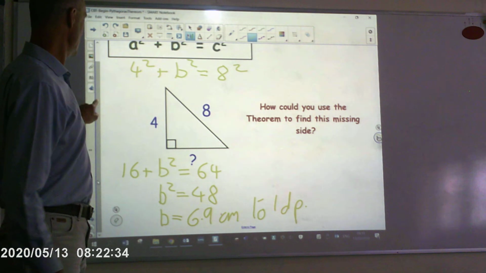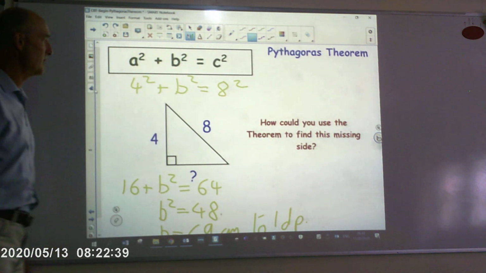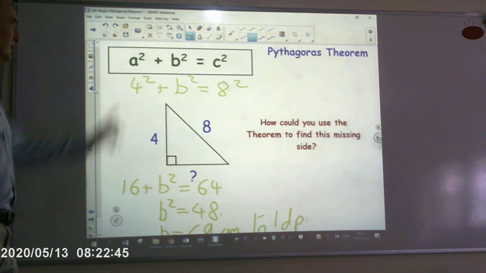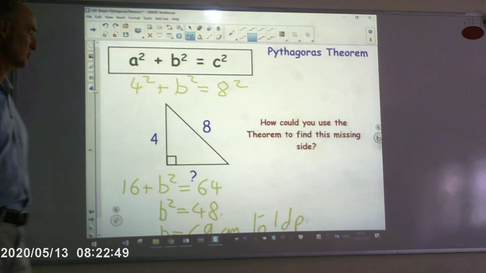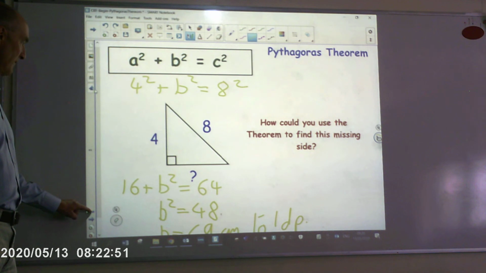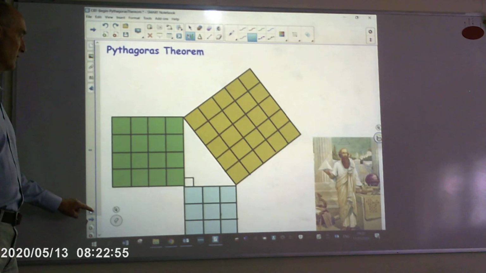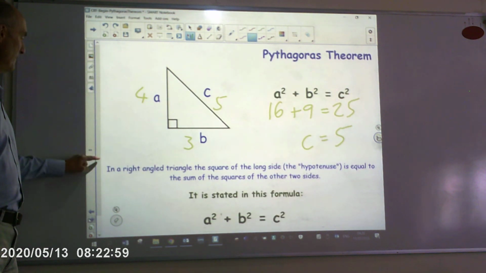Just understanding that formula, knowing what that formula stands for, what it represents. A squared plus b squared equals c squared. The c squared is always the long side. A squared and b squared are the short sides in a right angled triangle. I'll just quickly flick back to the page with the formula there. So you've got that available to you.